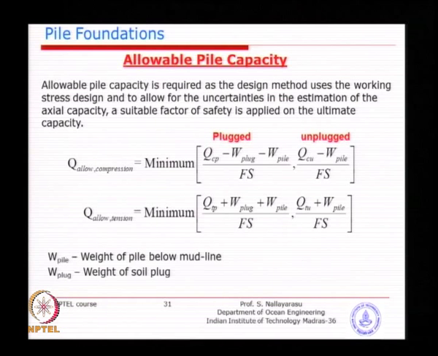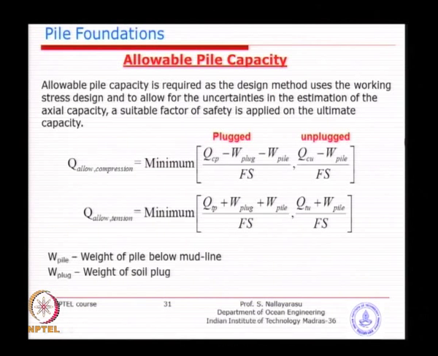So, if you ignore it, for compression you will be over-predicting the capacity, for tension you will be under-predicting the capacity. That is why 10% is not a small amount that you can simply ignore. So, allowable capacities need to take into account the weight of the pile and the weight of the soil plug inside.